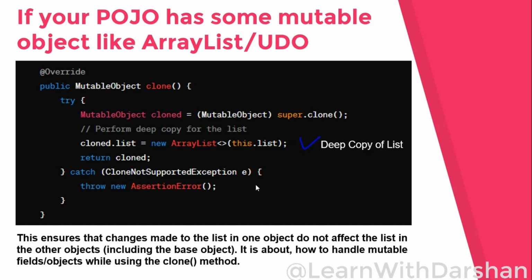So whenever we change anything in our newly created cloned object, it will not impact the base object. This ensures that changes made to the list in one object do not affect the list in the other object, including the base object. Obviously the base object should not be altered, because we are copying from it. This is how to handle mutable objects while using the clone method. I hope you understood this as well.